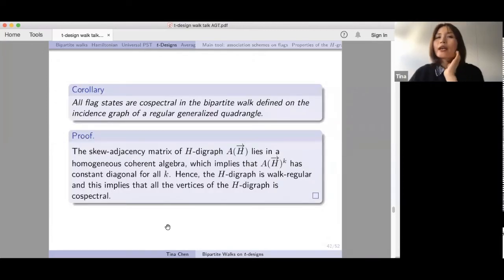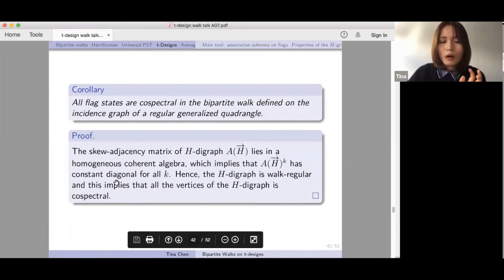And using that, we can analyze some behavior of our bipartite walk. First, all the flag states, where a flag corresponds to an edge of the bipartite graph, will be cospectral in the bipartite walk defined on the incidence graph of GQ(s,s).